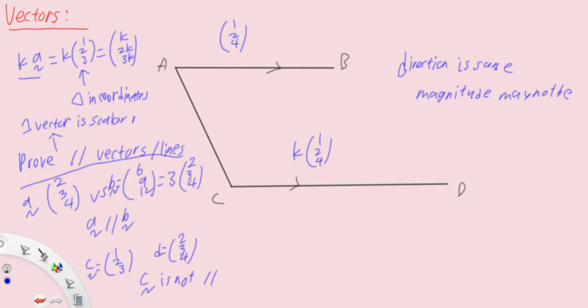This scalar multiple can be positive, can be negative, it doesn't matter. It can even be between 0 and 1. So this is the whole idea of parallel vectors, where ka is essentially parallel to the vector a, and that will do it.